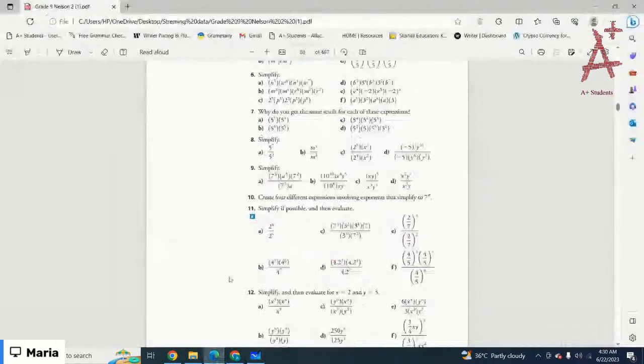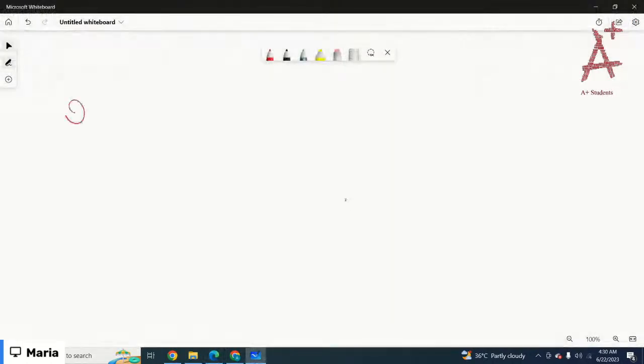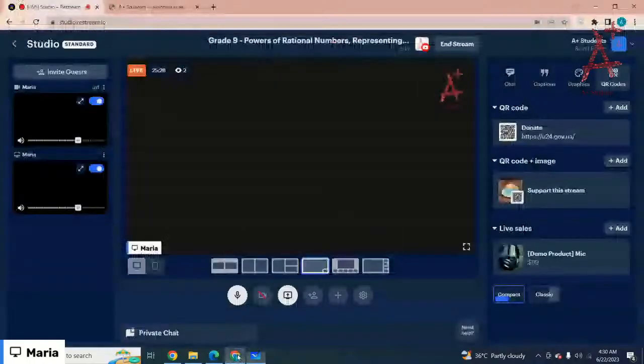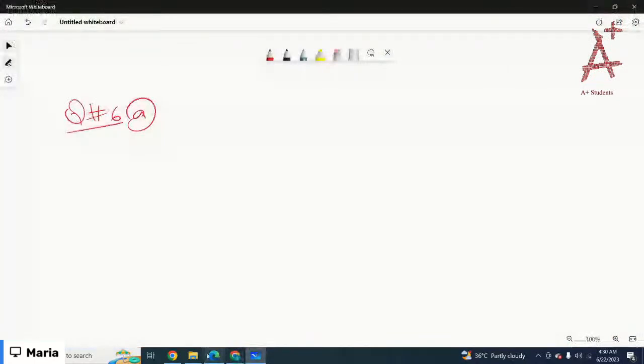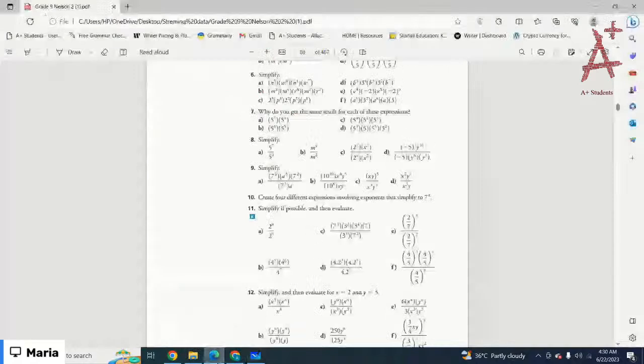Okay, just look at question number 6. So you have to do the same thing we did in question number 5. Just look at the A part, question number 6A. It has n^5 w^6 and n^2 w^7.